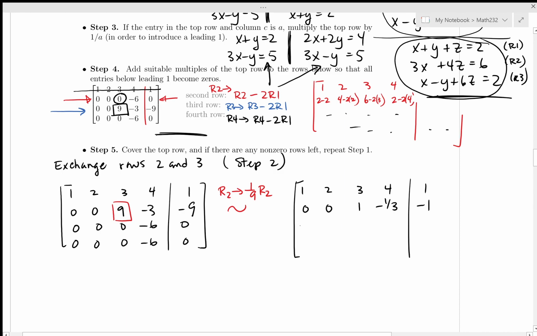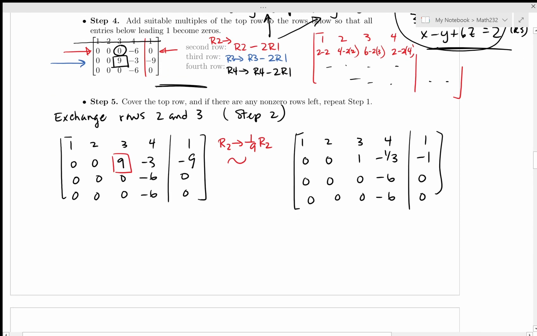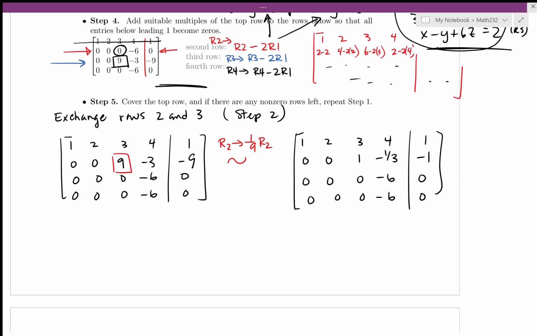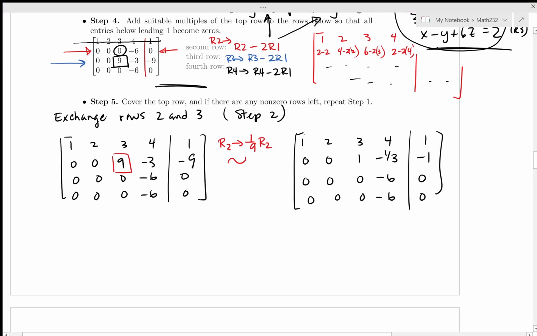And then I haven't done anything to row 3, and I haven't done anything to row 4. Okay, and then I take a look. Let me just circle the leading ones for us at this point to see where we're at. I've got a leading one here, and I've got a leading one here.